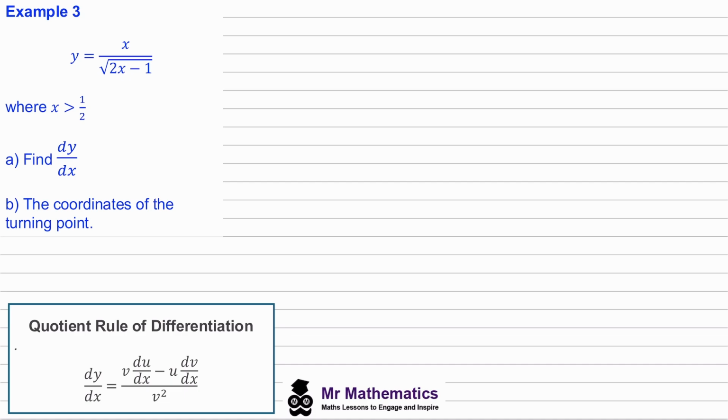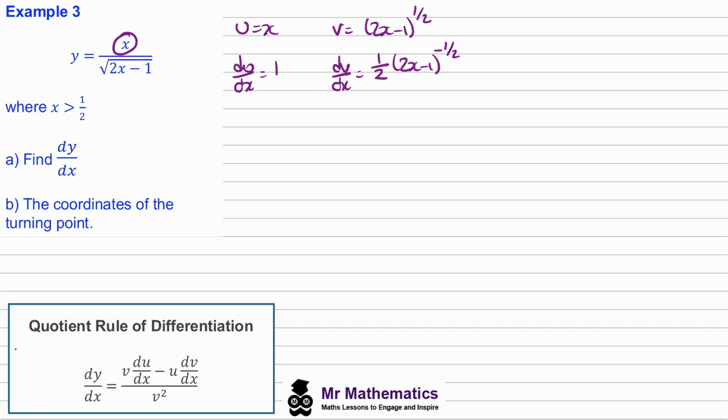Okay, so welcome back if you had a go. If we let u equal the x term, so du by dx will equal 1, and we'll let v equal the denominator, 2x minus 1. I'll write this as a power. So dv by dx, using the chain rule, will be 1/2 of 2x minus 1, taking away 1 from that power.